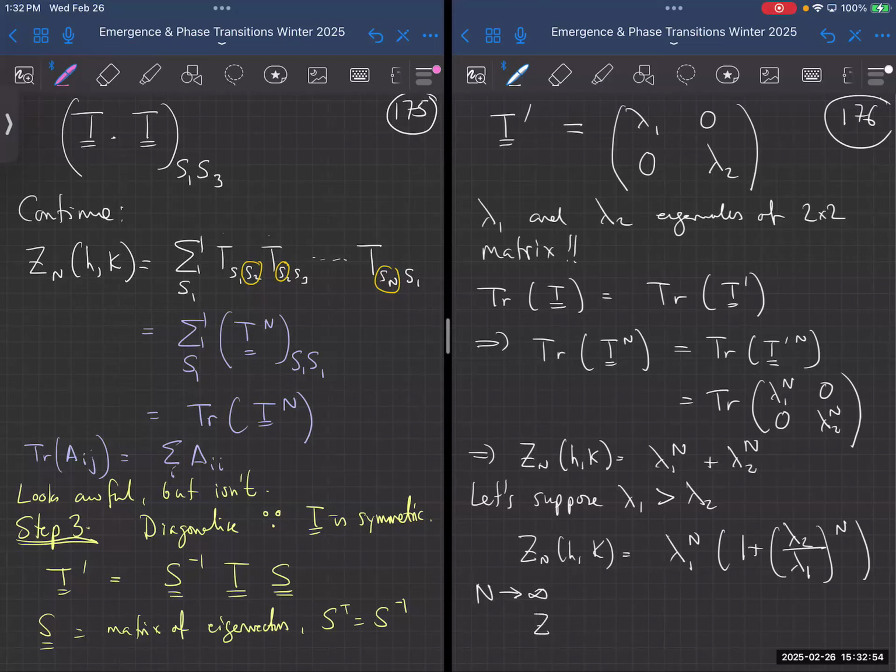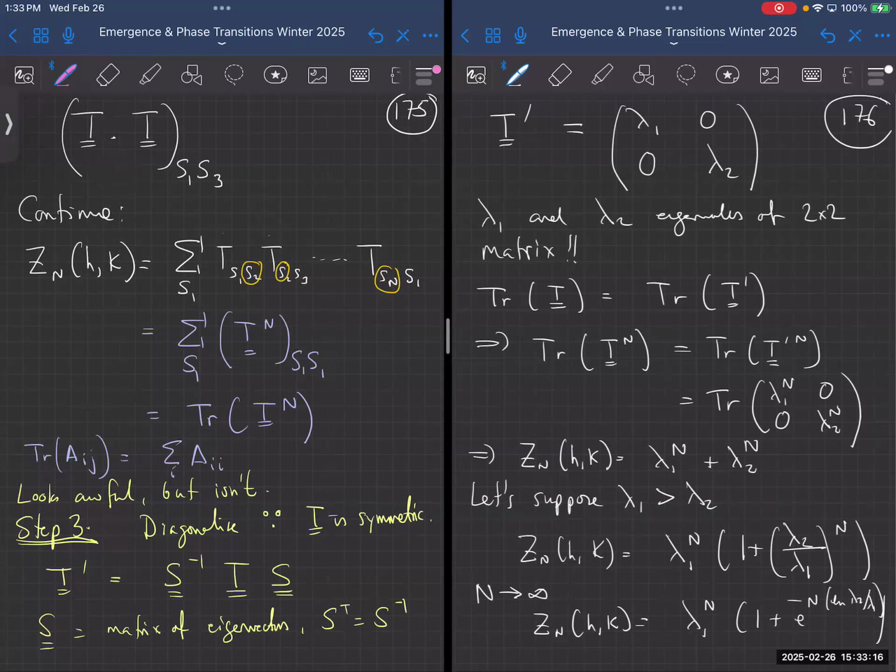Then Z_n of h and k is equal to lambda 1 to the nth times 1 plus e to the n times the log of lambda 2 over lambda 1, which is very small.